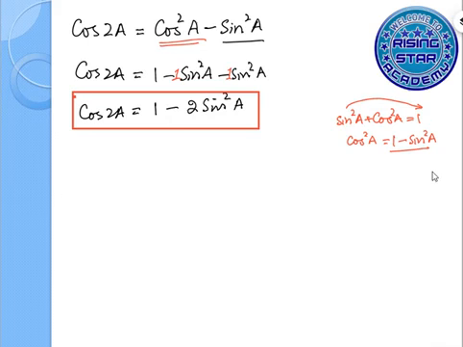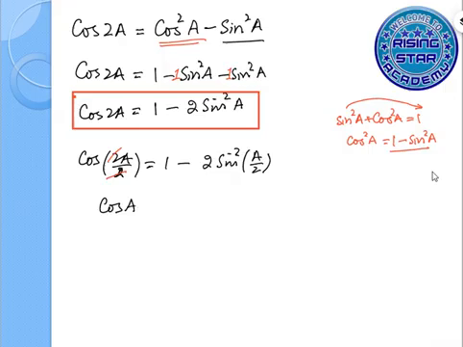Now we can make it as a half angle by simply dividing the angle by 2. So this 2 is cancelled with this 2. Now we have cos of A is equal to 1 minus 2 sine square A by 2.